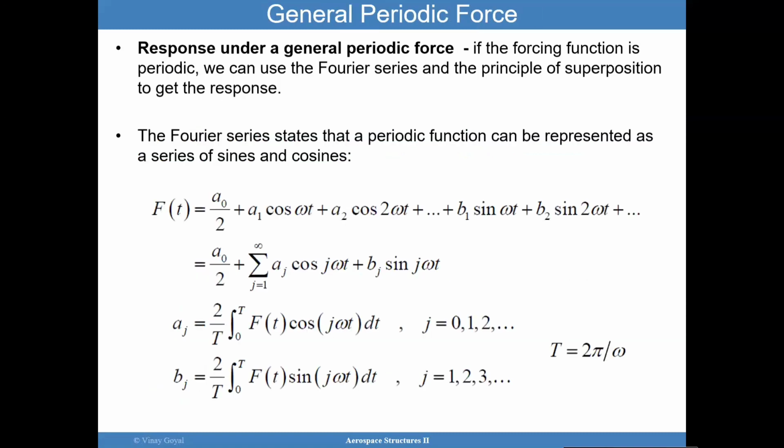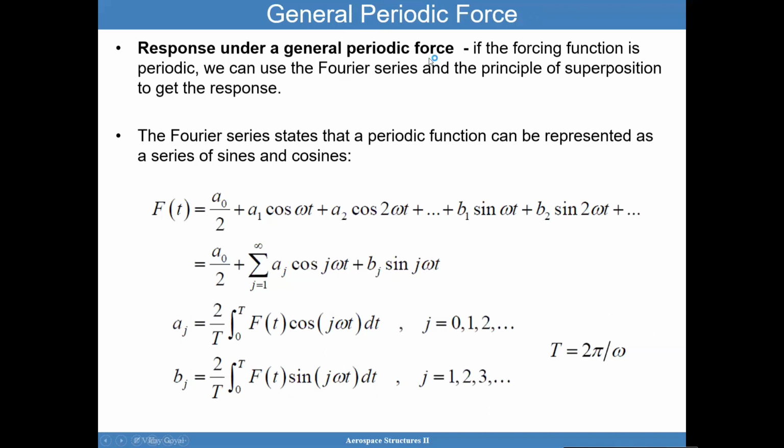So how do you deal with a situation where you have a periodic force? Say you have a general periodic force. It could be a step force that varies as a function of time, but it repeats itself. I don't want to go into heavy math, but I want to bring this to your attention in case you encounter that. Right now, the type of force I showed you was a very simple harmonic sine function. But you could have a situation where you have a very general periodic force.